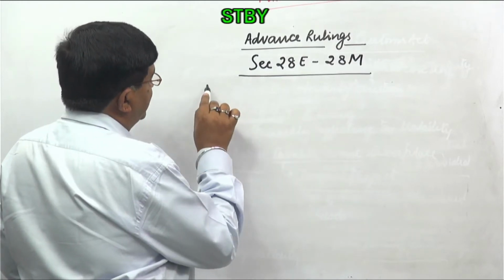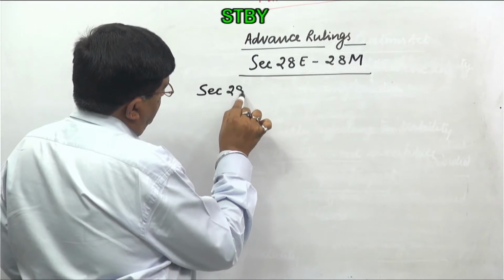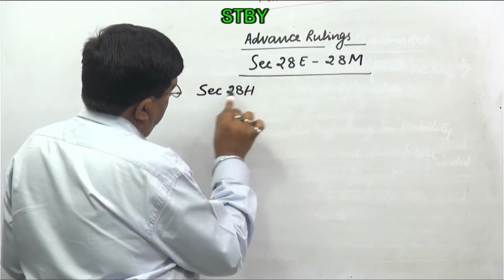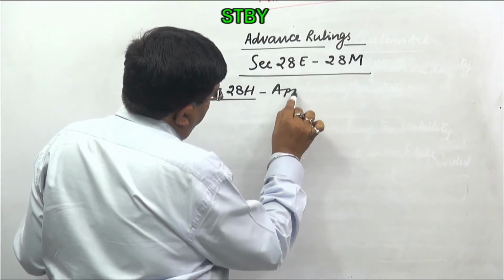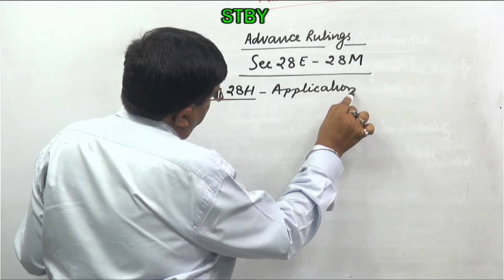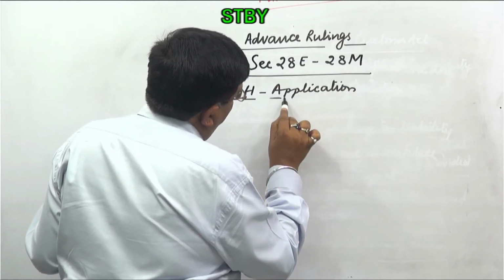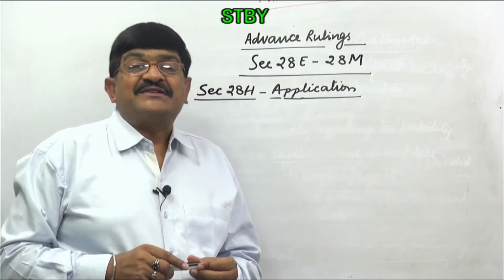Section 28H. Application. When the application should be made? Before the taxable event takes place.